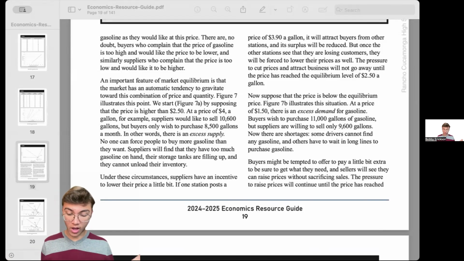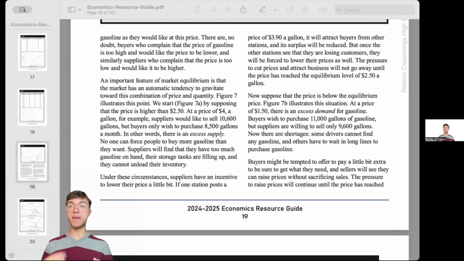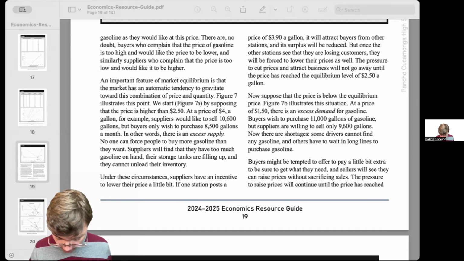And so then a lot of different businesses are going to have pressure to lower their prices so that they keep their customers until that equilibrium level is hit. In which case, if they start lowering it more, then they may not get the same profits back as they would have.